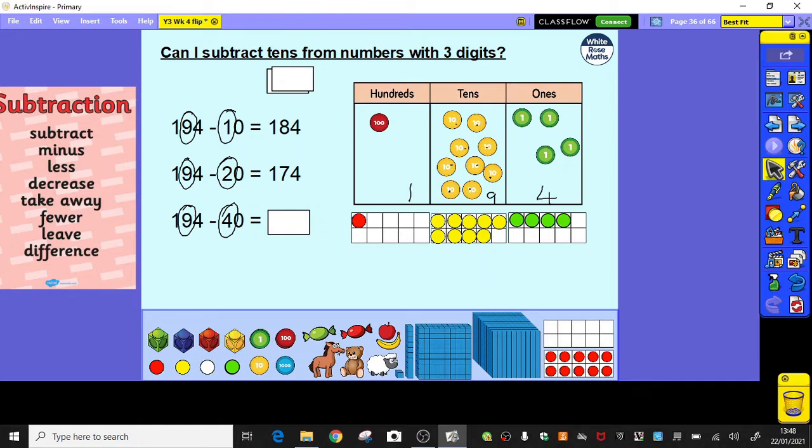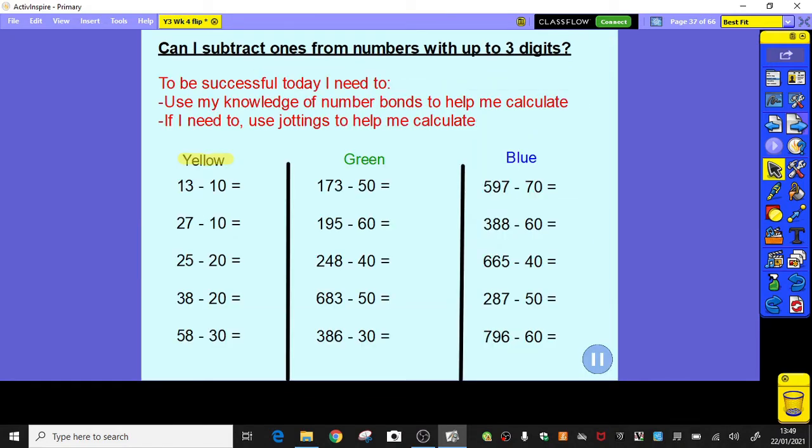So I've got 9 tens here. If I take away 4 tens, that leaves me with 154. There you are, 154. Make sure that you remember to use your place value knowledge when you are doing your calculations.